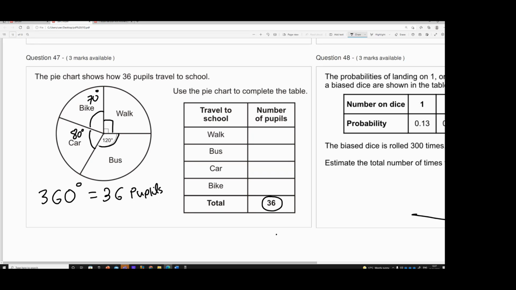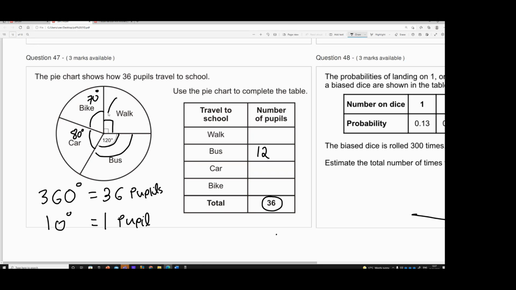Yeah, exactly right. So 360 degrees is what those 36 pupils is worth. So that means I can divide by 36 and I will get 10 degrees for one pupil. So every pupil is worth 10 degrees. So if there's 120 degrees for bus, that's just going to be 12 pupils.